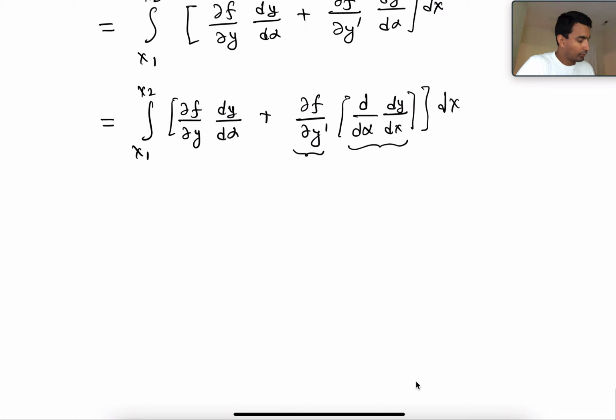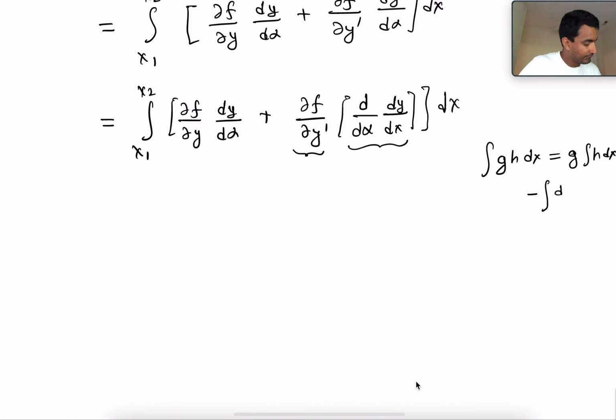If you do not remember integration by parts, the formula is simple. Let's say you have two functions g and h that you are integrating with respect to x. The integration by parts says that the integral of gh dx should be g times the integral of h dx, minus the integral of the derivative of g times the integral of h dx, and the whole thing integrated.